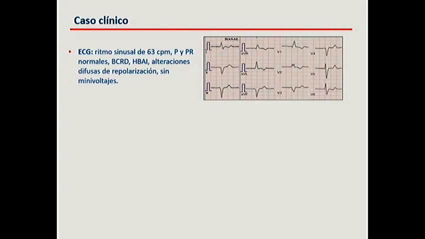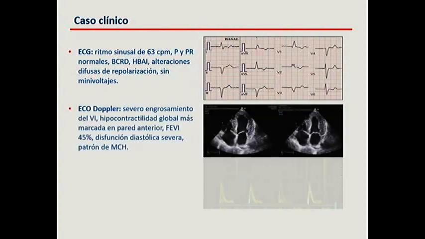The electrocardiogram showed a complete blocking of the right branch and a partial blocking of the left branch, some diffuse obstructions, and low voltage, which is important for the diagnosis.